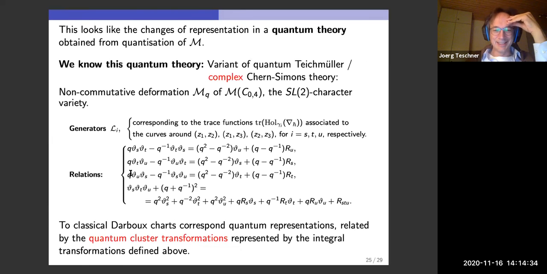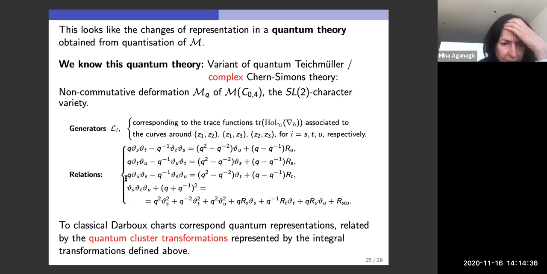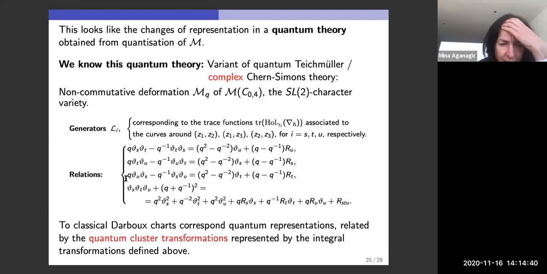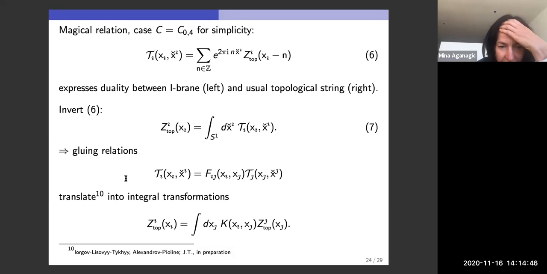Well, yes, I'm not completely following. I mean, okay. The previous page basically comes about as saying, okay, the A and the B periods are like the x and the p coordinates of some phase space, and magically the topological string partition function transforms exactly like a wave function.